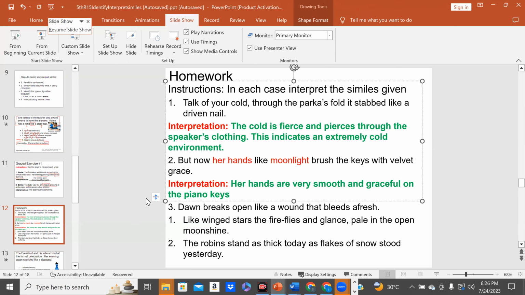Kamaya Ferguson, do you understand the interpretation of these? Kinda. All right. Are you writing them down, by the way? Yes, sir.